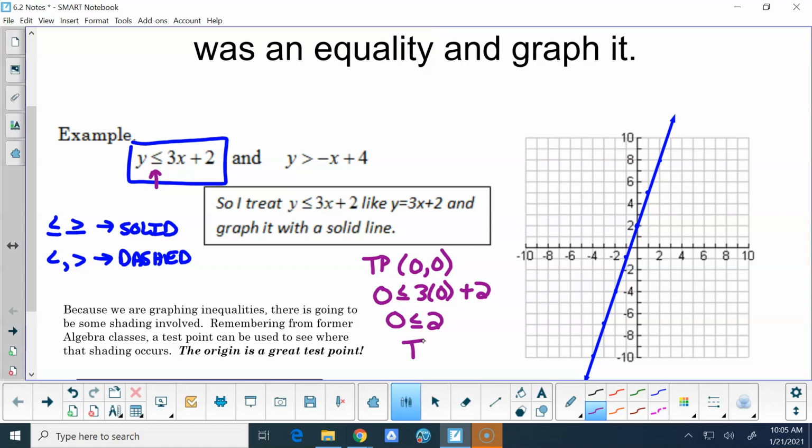So what I'm going to do, though, instead of shading that whole area, I'm just going to draw some arrows that signify which way we would shade normally on that.